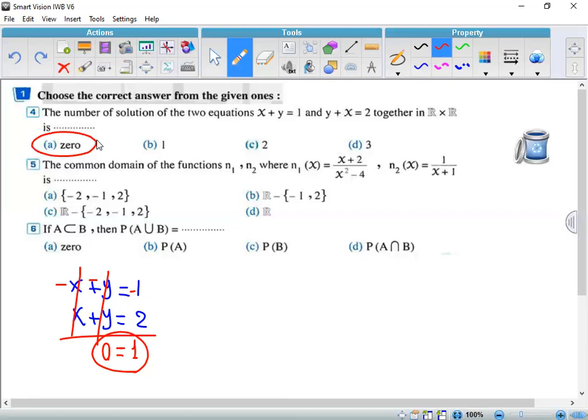Number 5, the common domain of the functions n1 and n2. What is the common domain in this case?